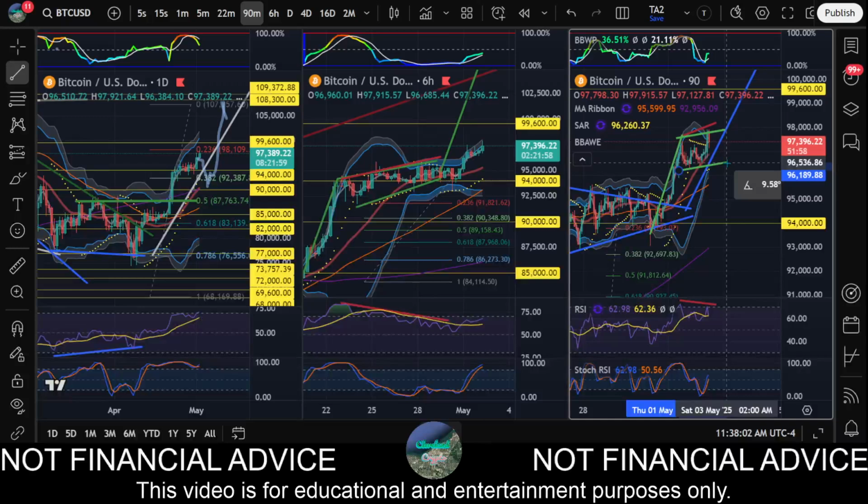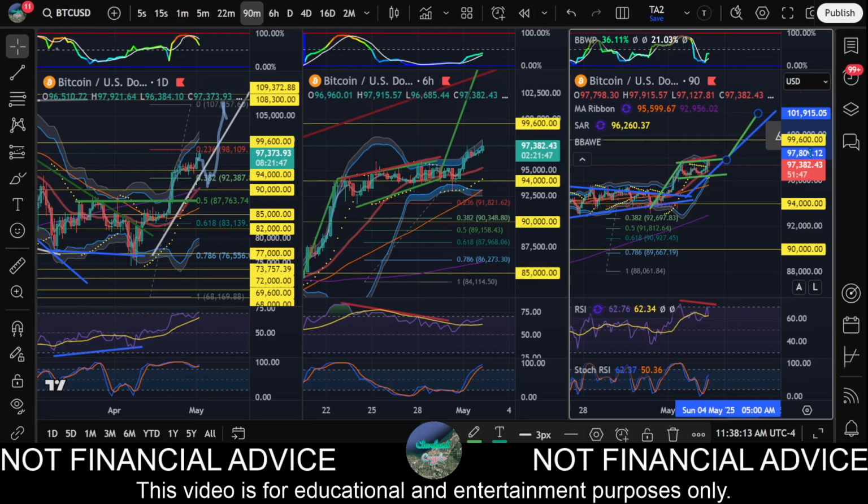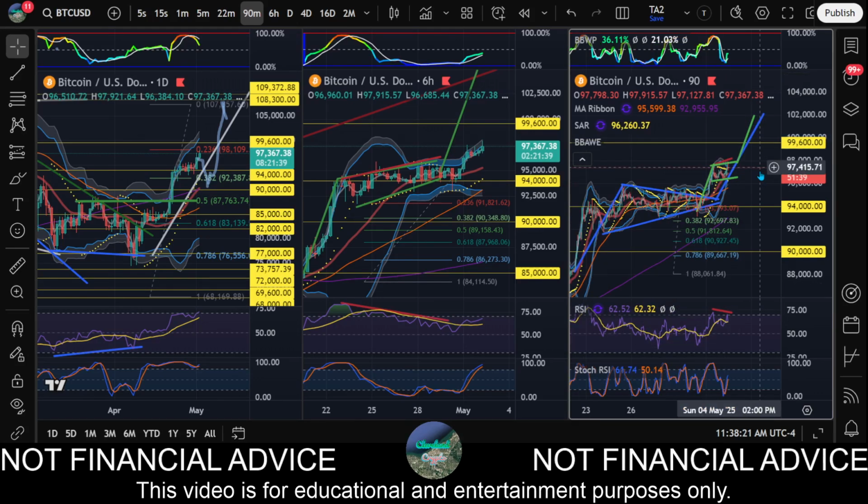Just drawing it out. There you go. And then if we take the measured move of that flag, we would have a move up to, let's say from the top, 101, 102, just about the same as the measured move of this bull flag. Ain't that something? Basically the same spot.